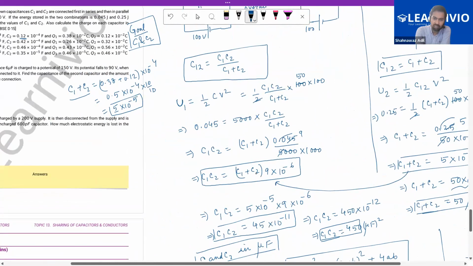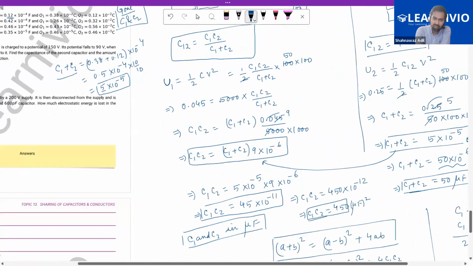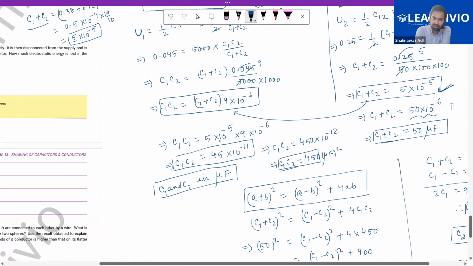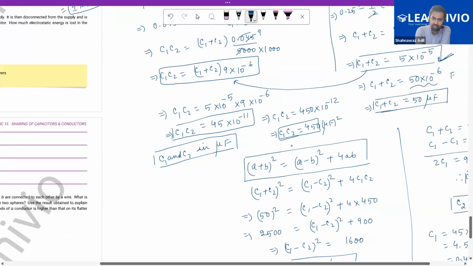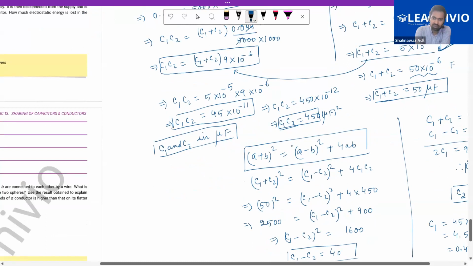And then C1 plus C2, that is 5 into 10 to the power minus 5, so 45 and 10 to the power minus 7. Now we have to write it in 10 to the power minus 12. So we multiply by 10, divide by 10, so this becomes 450 and 10 to the power minus 2. So this is also correct.